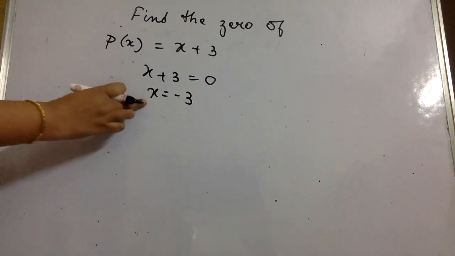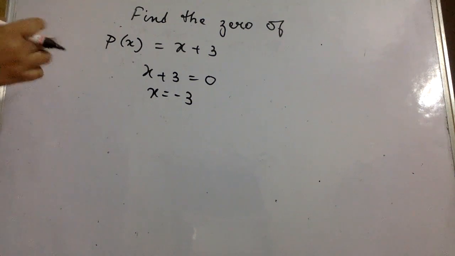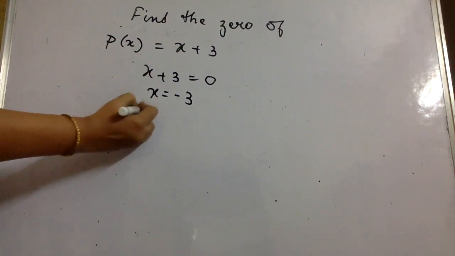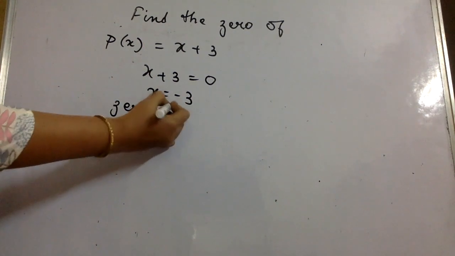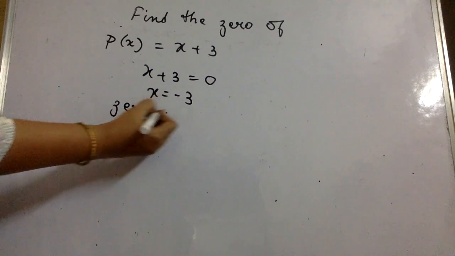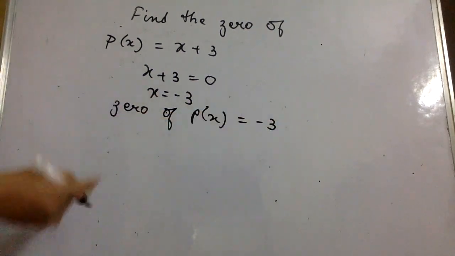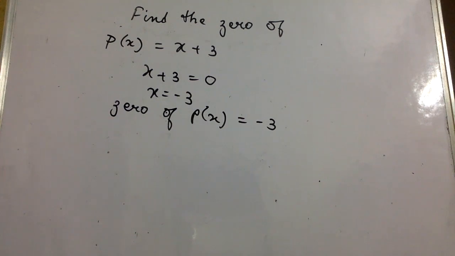So, if x is equal to minus 3 is substituted here, the value becomes a 0. Therefore, the 0 of this polynomial p(x) is equal to minus 3. Okay. So, the answer is minus 3.